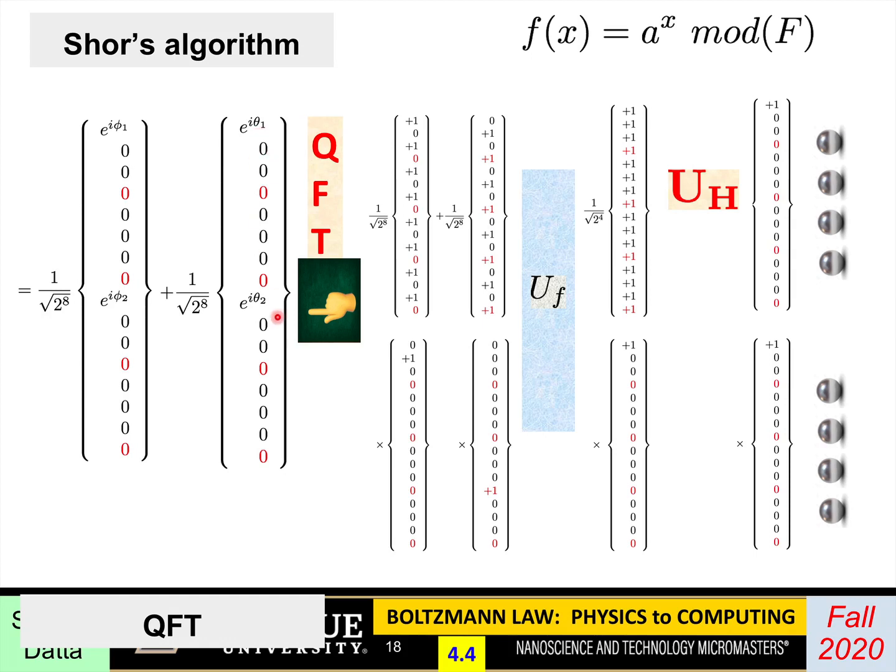There will be 2 peaks because the period is 2. If the period was 4, you'd have got 4 peaks here, and so on. The interesting thing is you get essentially the same structure for both this and this, because these are essentially the same function but shifted over a little bit.